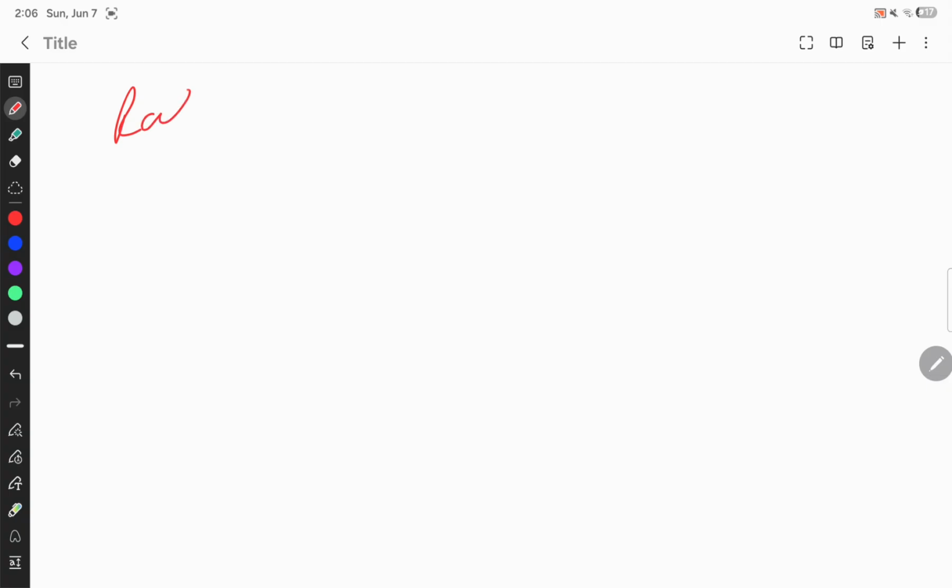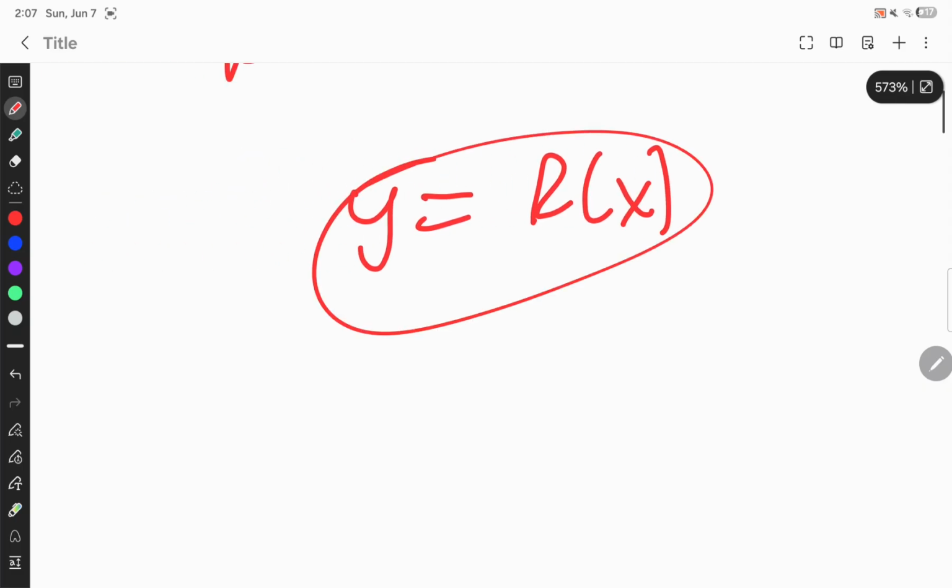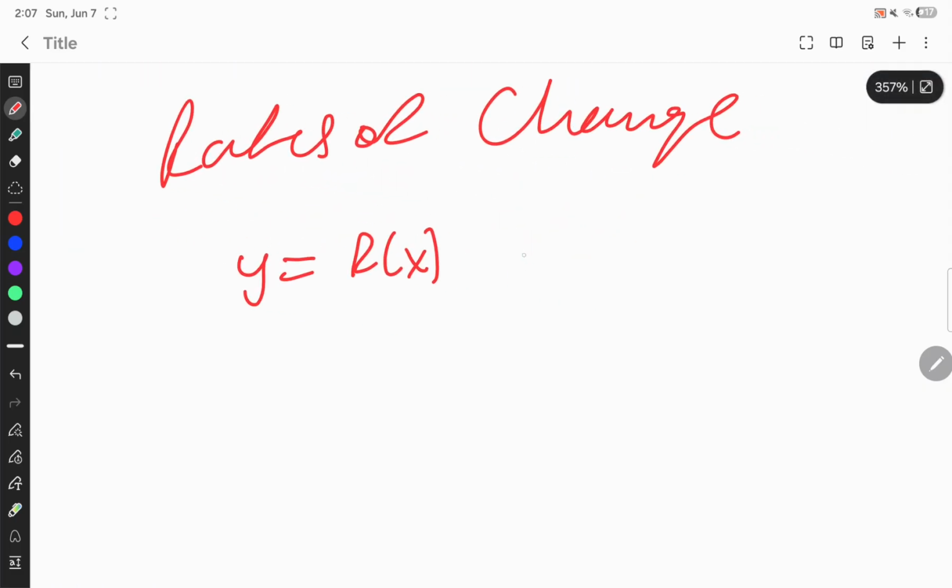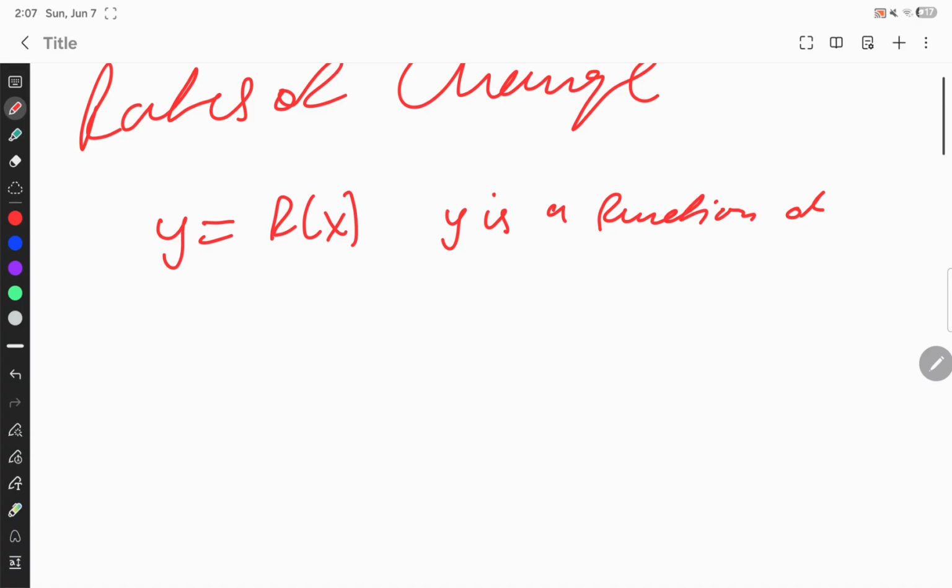What are rates of change? Okay, change. Here is the example. You have a function y, which is an expression. y of x: y is equal to f of x. y is a function of x, because y acts like a function.